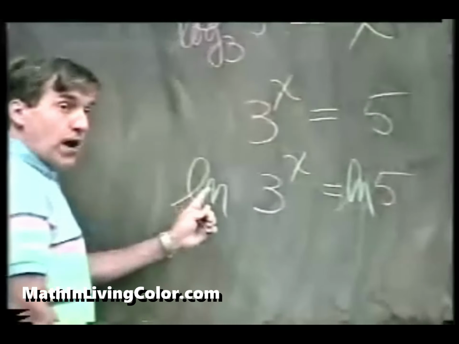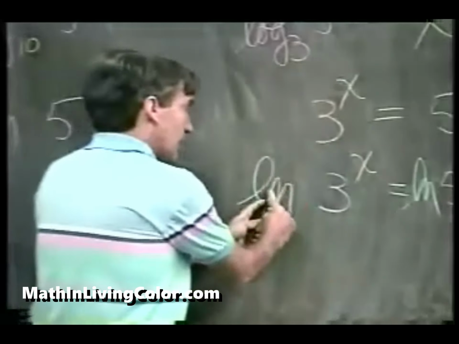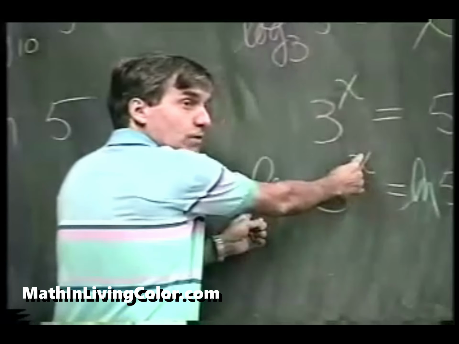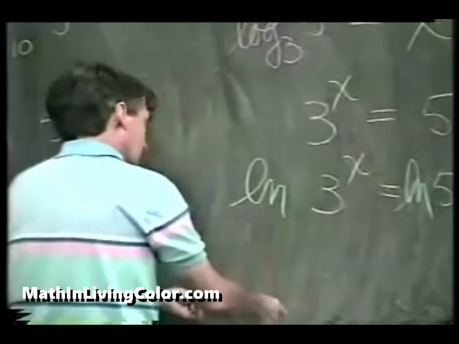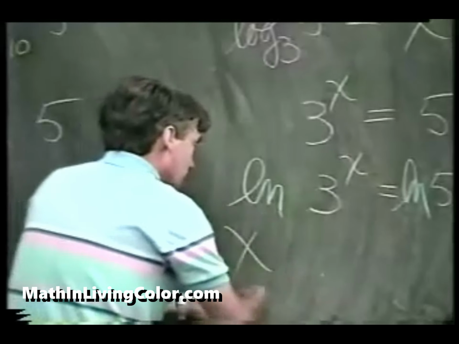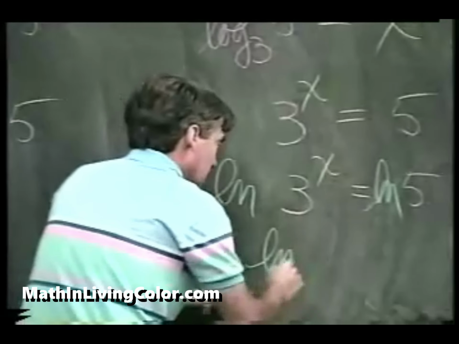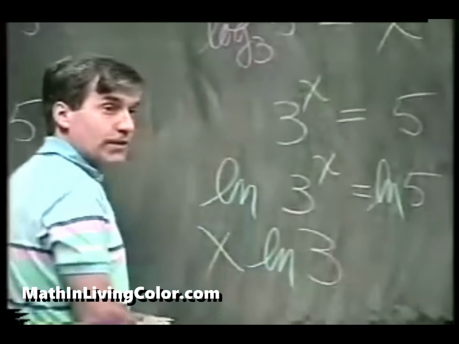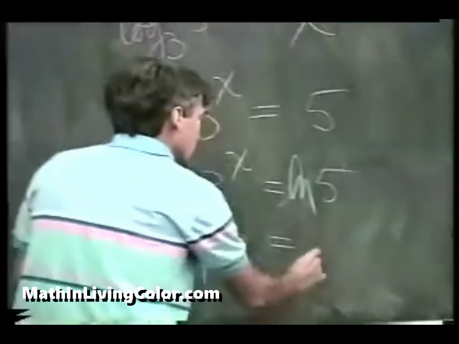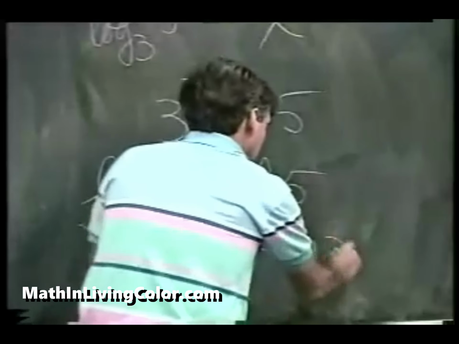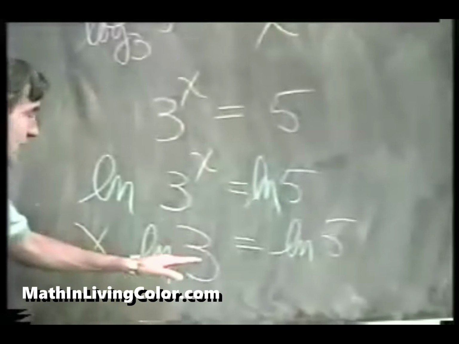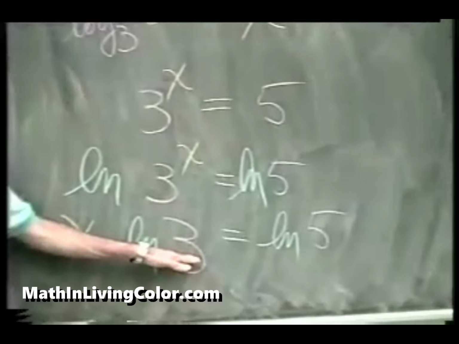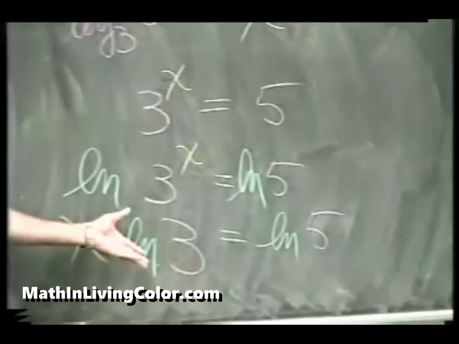ln of this and ln of that. Now, remember the property of logarithms. ln of 3 to the x is what? x times the ln of 3. Okay? x times the ln of 3 equals the ln of 5. Now, what do you know about the ln of 3? It's just a number, isn't it? You can get that on your calculator, right?